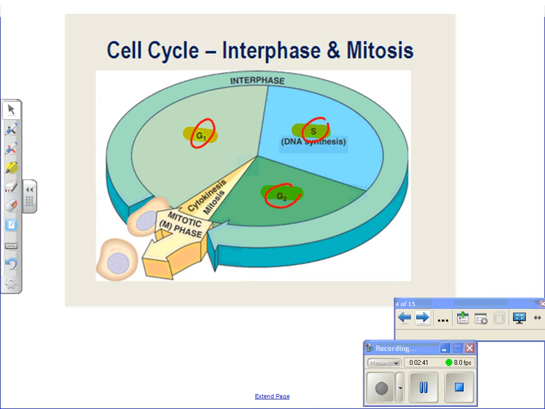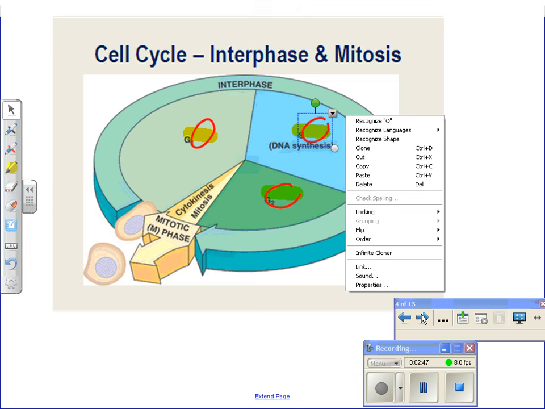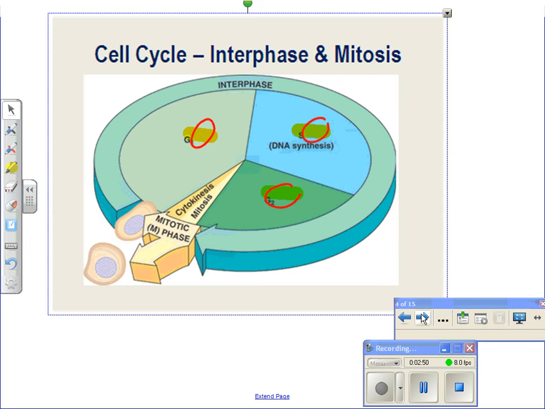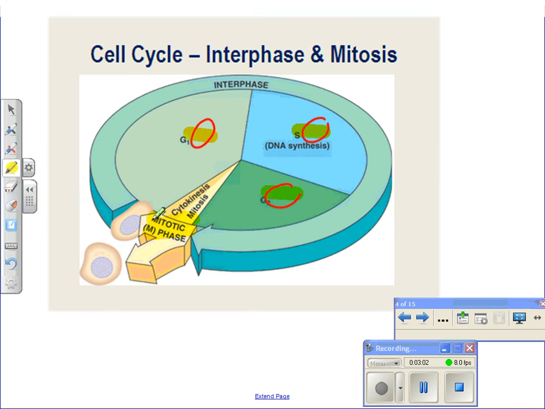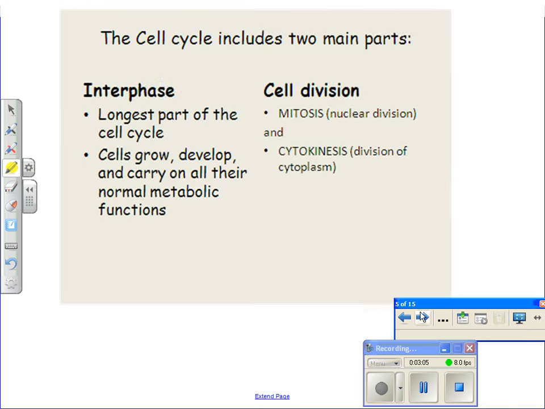Because if the DNA is not synthesized, then we really have no genetic information. So that's probably the most important step there. And of course, once we get through those stages, the cell is primed and ready to go. So then we would actually enter mitosis, which is our focus here.